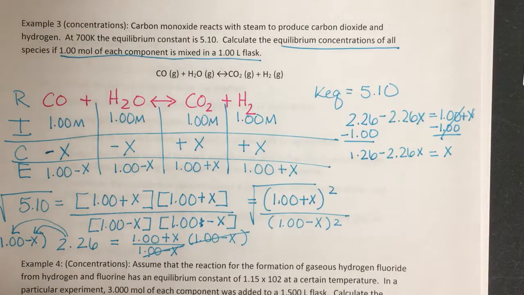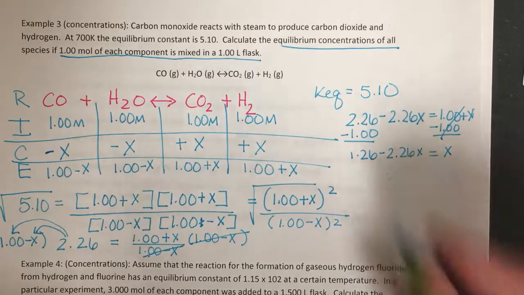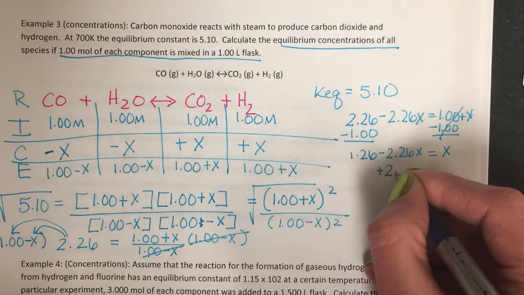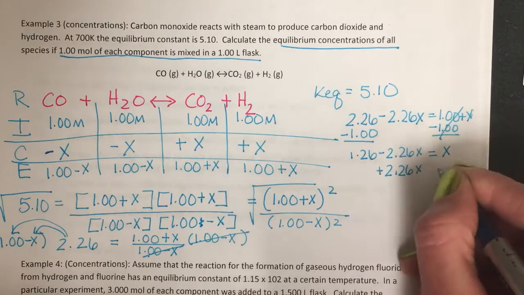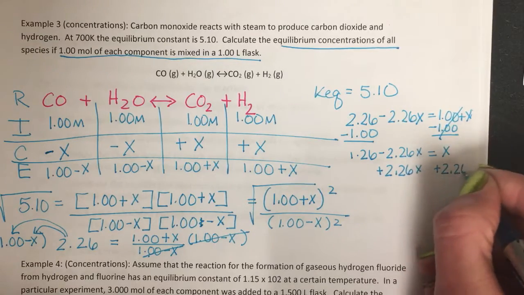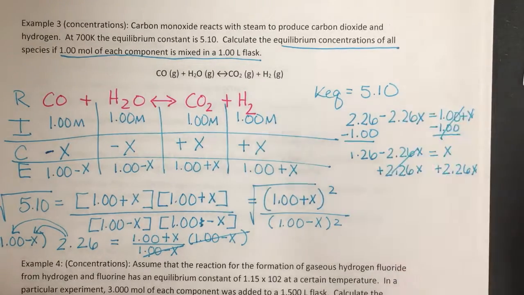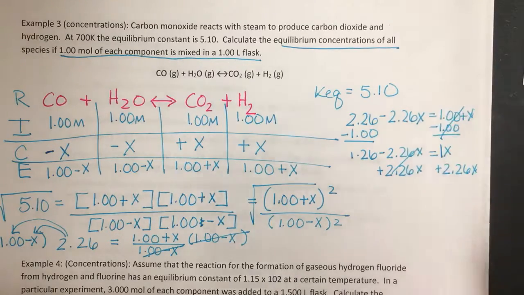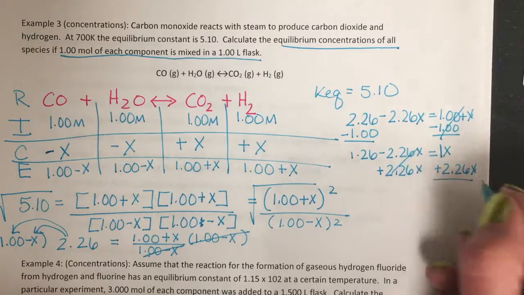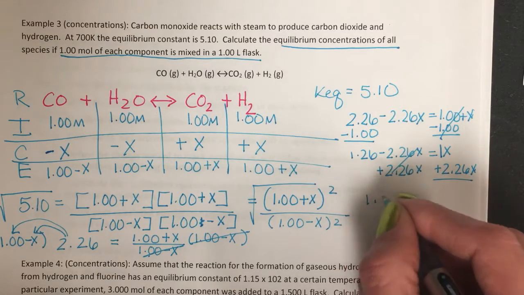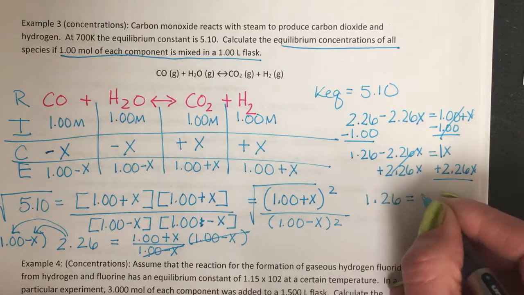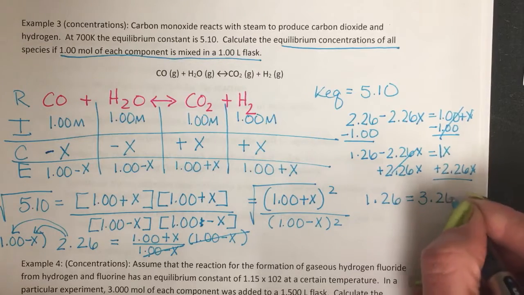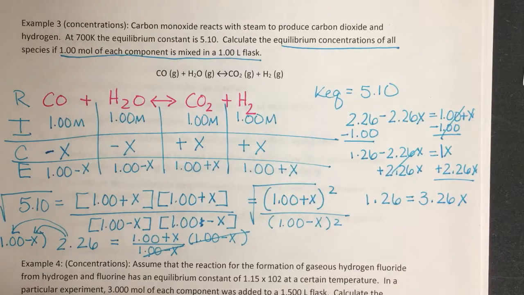I need to get all of my x's on the same side, so I'm going to add that. Now, since I just have an x here, I know that that's actually 1x. So I've got 1.26 is equal to 3.26x.